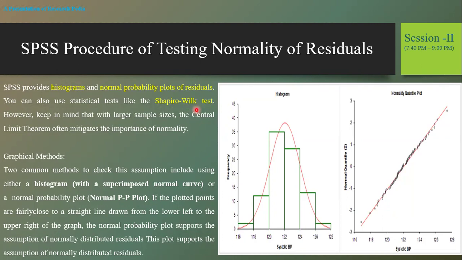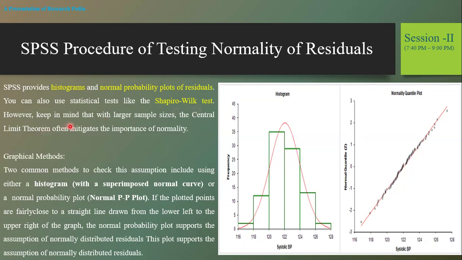That will provide a value of significance. If the p-value of the Shapiro-Wilk test is less than 0.05, we may consider that our data is not normal. But if the p-value of the Shapiro-Wilk test is greater than 0.05, we consider that our residuals are normal.